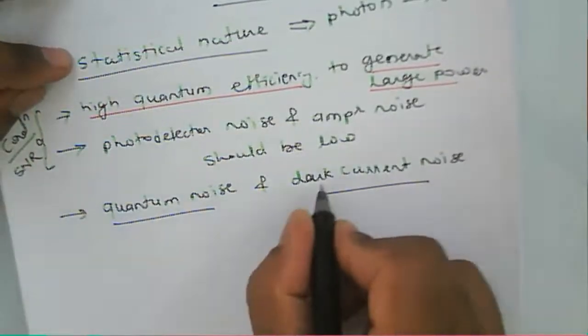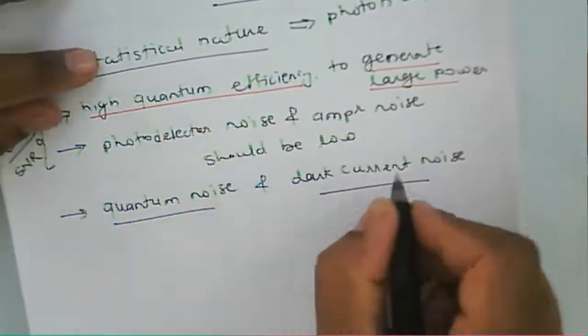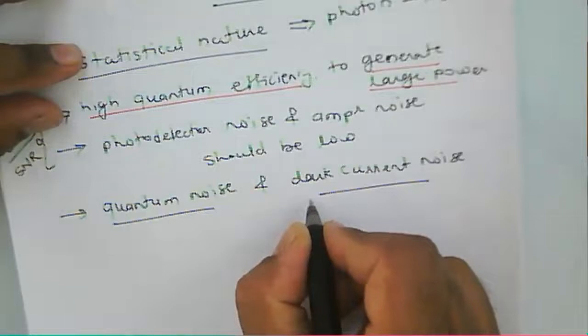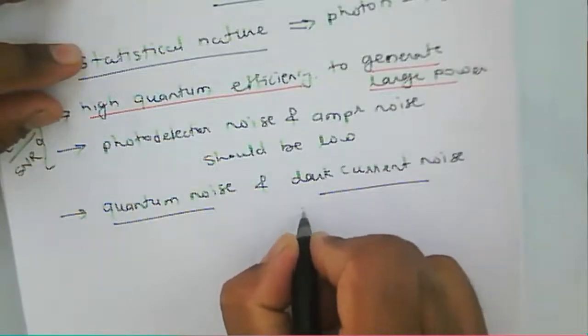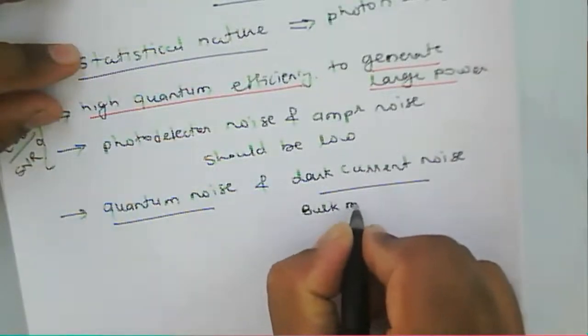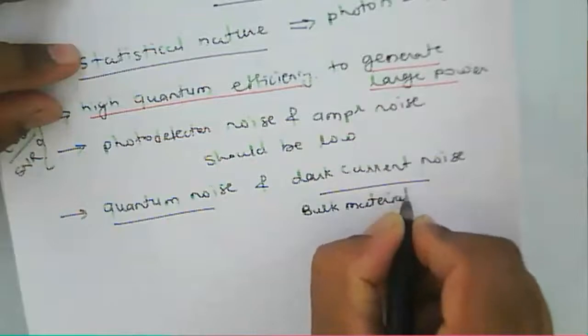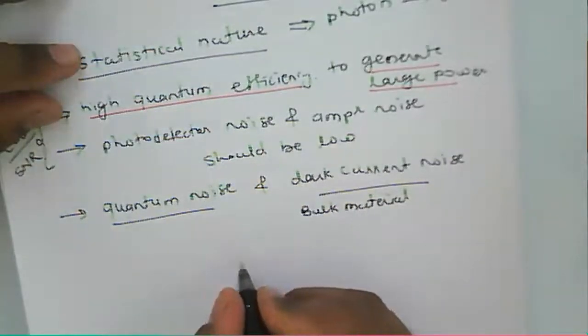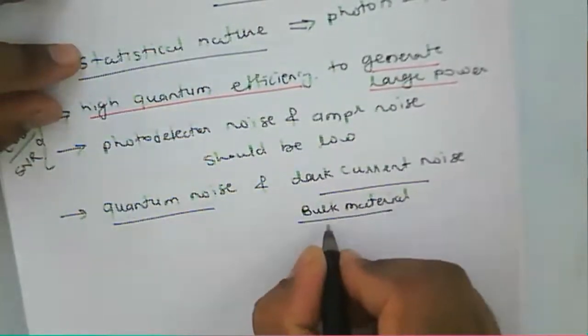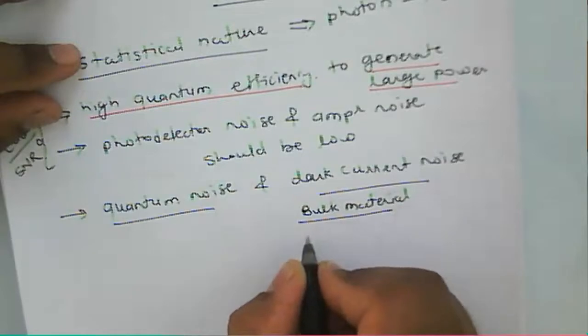This dark current noise is generated in the material, or we can say in the bulk material. That's why we have the bulk dark current noise.